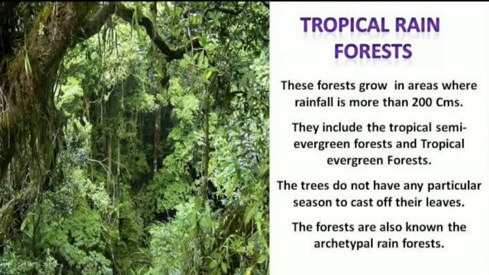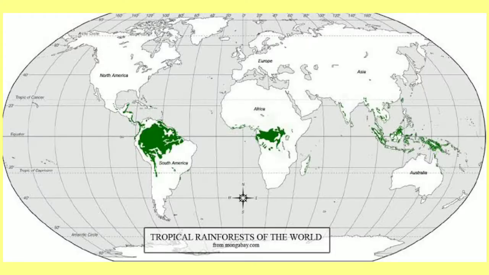If we see the world map, we will see that the forests primarily grow in geographical areas near the tropics, either near the Tropic of Cancer, that is 23.5 degrees north latitude, or the Tropic of Capricorn, 23.5 degrees south latitude.